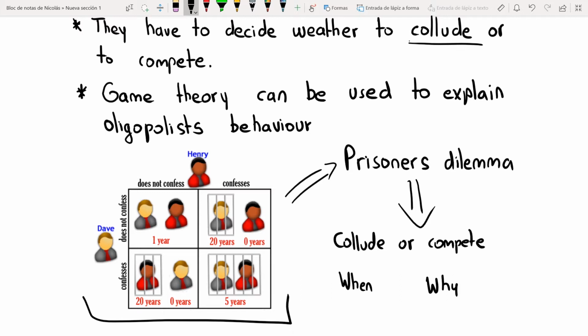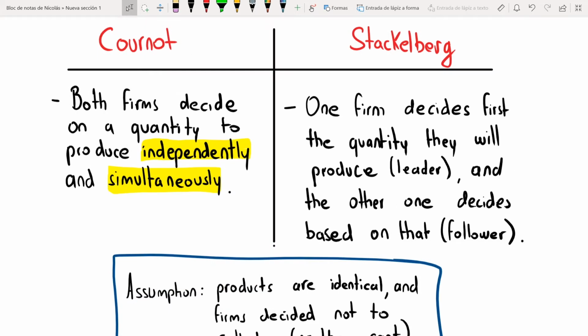So it's important when we are asking ourselves when and why to collude or to compete. When oligopolists decide to compete, there's two options. They can compete in prices or they can compete in quantities. If they decide to compete in quantities, we have two models to help us understand their behavior.